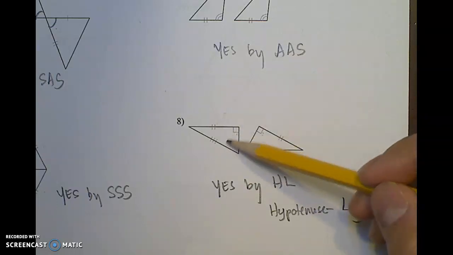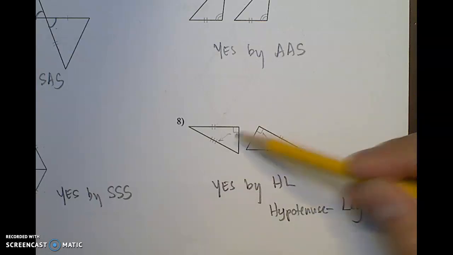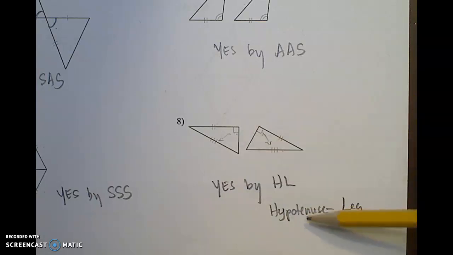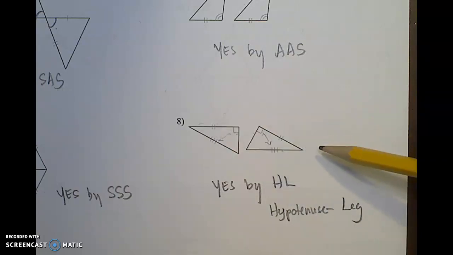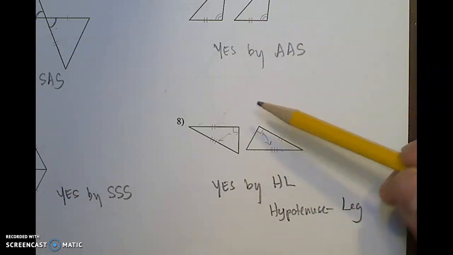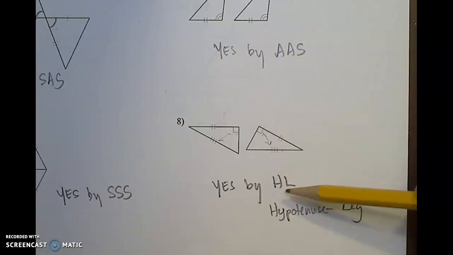The hypotenuse is a side opposite the right angle. So we know that for both these right triangles, the hypotenuses are congruent. And we also know a leg is just one of the other two sides. And we have a leg congruent from each. So while we don't have these two triangles congruent by SAS, we do have them by this new postulate called HL, hypotenuse leg.